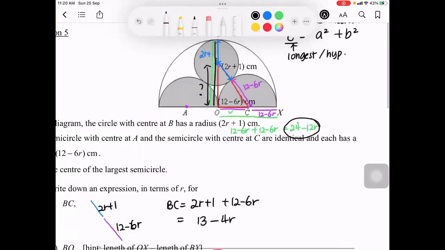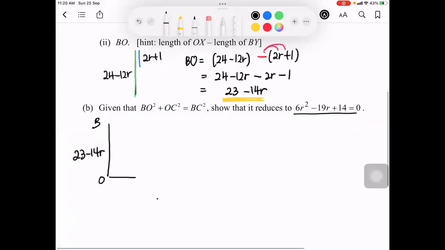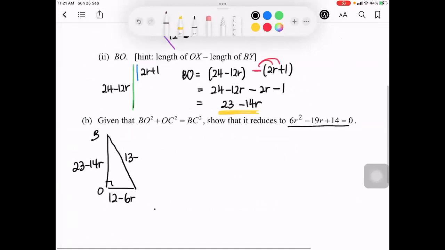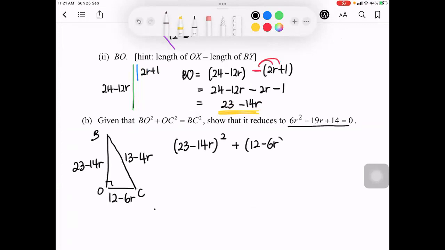Then the small one, purple color, OC is 12 minus 6R. Then the hypotenuse, we found 13 minus 4R. So BO square, 23 minus 14R. OC square, 12 minus 6R. BC square, 13 minus 4R square.